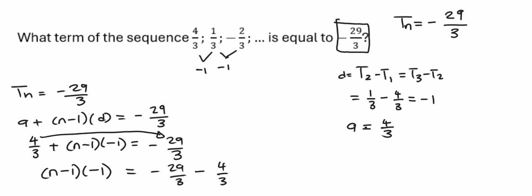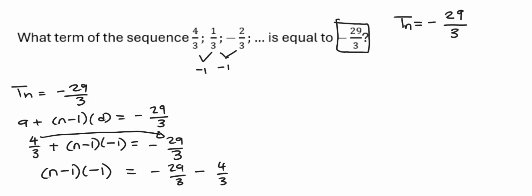And then when we continue with that, we are going to find out that n minus 1 multiplied by negative 1 is going to be equal to negative 11. So it's going to be equal to negative 11.